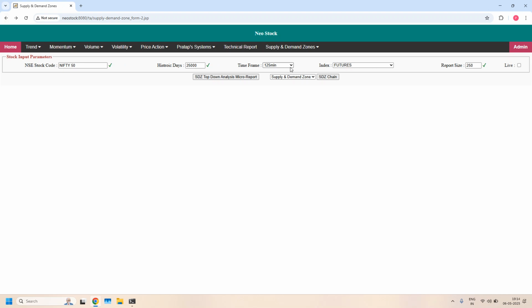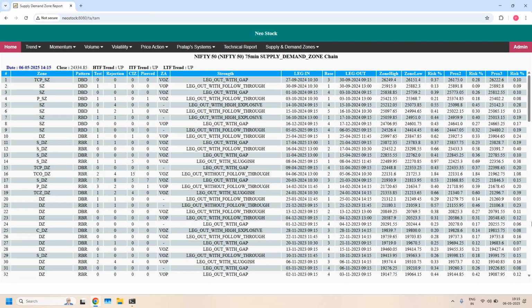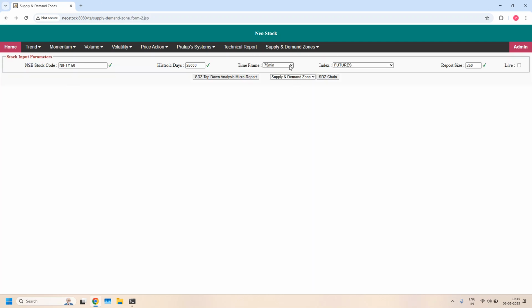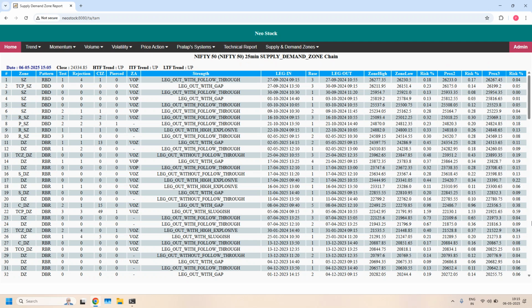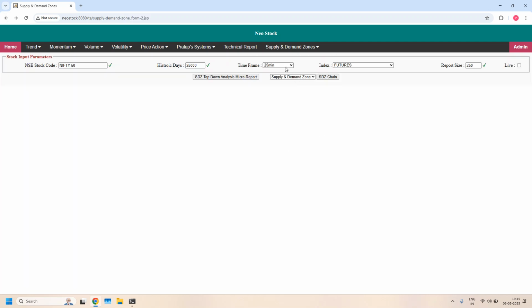Next, generating 75 minute supply demand zone chain for Nifty. Next, generating 25 minute supply demand zone chain for Nifty. Next, generating 15 minute supply demand zone chain for Nifty.